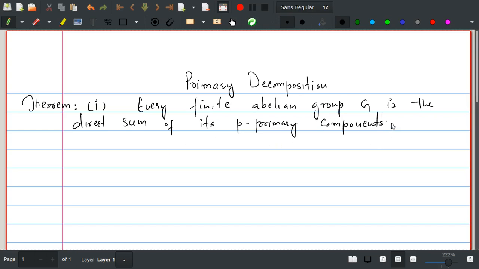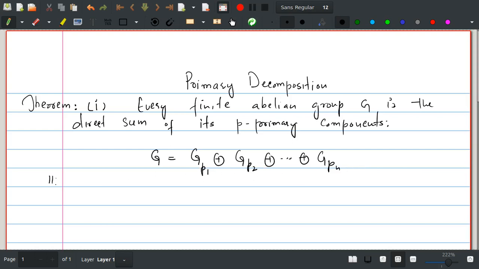That is, G is the direct sum of G_p1, G_p2, and so on up to G_pn, where these p_i are distinct primes.